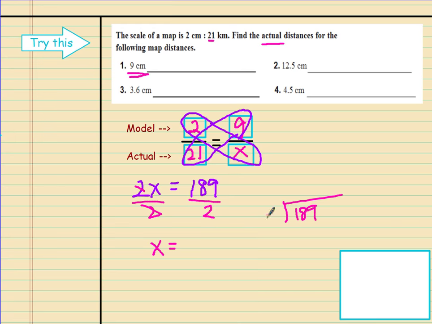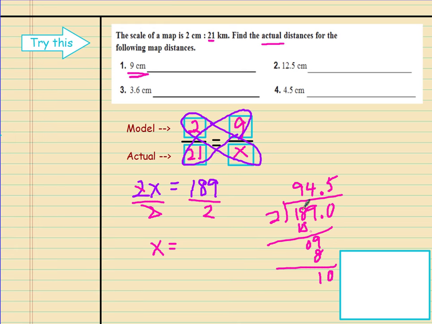189 divided by 2. 2 goes into 18 9 times. That makes 18. 0 here. We bring down the 9. 2 goes into 9 4 times. 2 times 4 is 8. With the 1. There's a remainder 1, so we put a decimal. We can put a 0, put a decimal. Bring down a 0. 2 goes into 10 5 times.